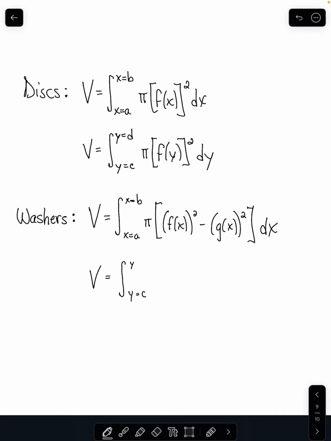This also is adapted for integrating with respect to y. Now, this assumes that the axis of rotation is always the x or y axis. This can be adapted through being very careful for an axis of rotation that is any horizontal or vertical line.